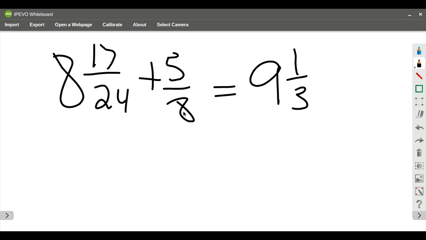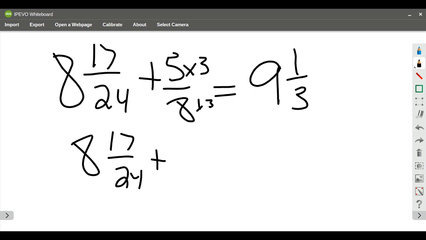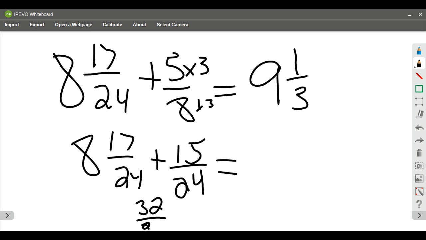So that's going to become 8 and 17/24 added to, again, if I multiply this by 3 and this by 3, I get 24. So it's going to be 15/24. And then I'm going to add 17 and 15, which is 32. 24ths, and then I have 8.